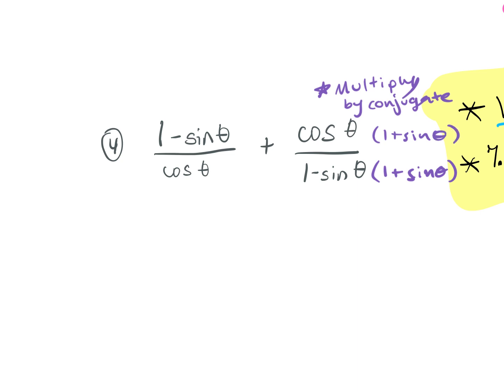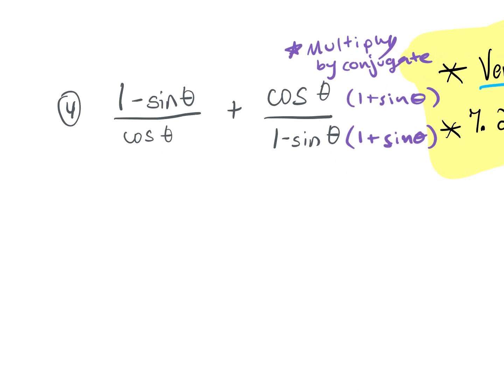I'm not exactly sure what I'm doing yet, so I'm going to leave the top as just cosine times 1 plus sine. I'm not going to distribute yet. I'm just going to leave it like this until I figure it out. Let's FOIL out the bottom. Since these are conjugates, you can do your conjugate shortcut, so it'd be 1 squared, which is 1, minus sine squared. Or you can FOIL it out.